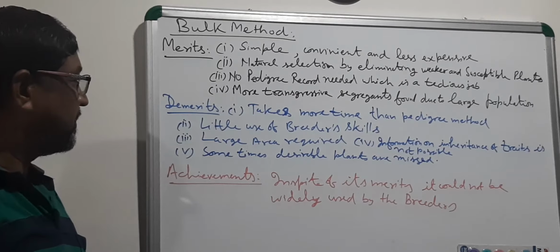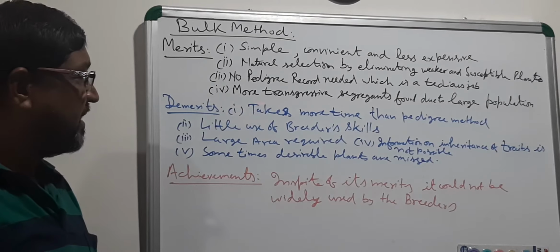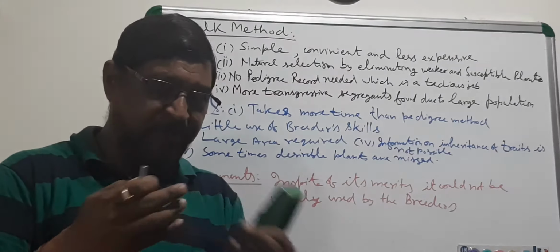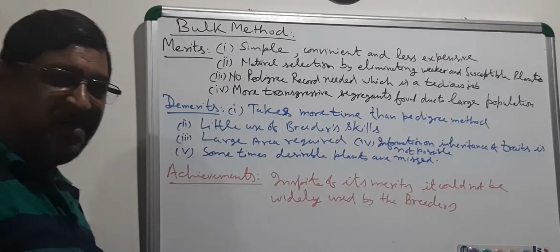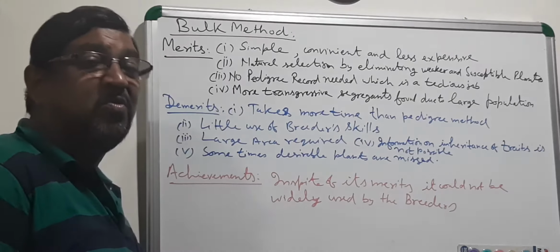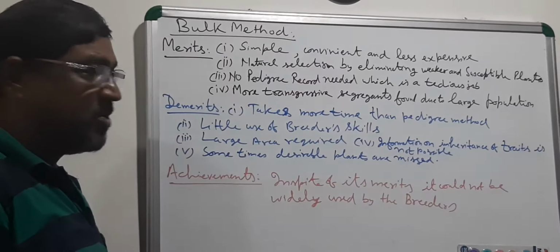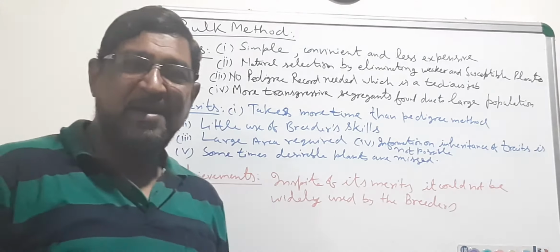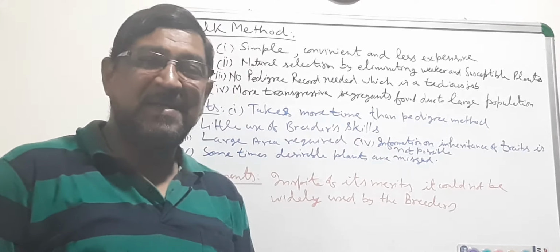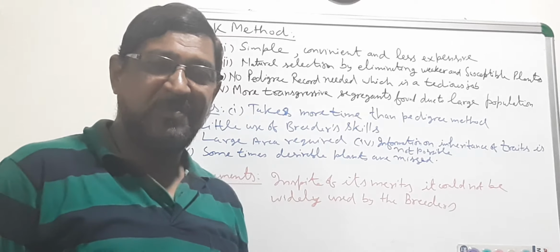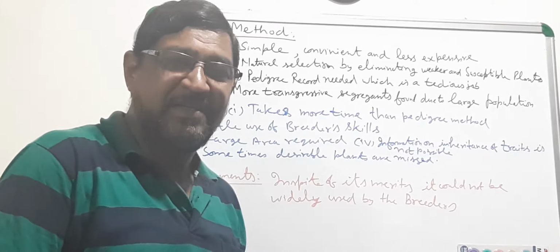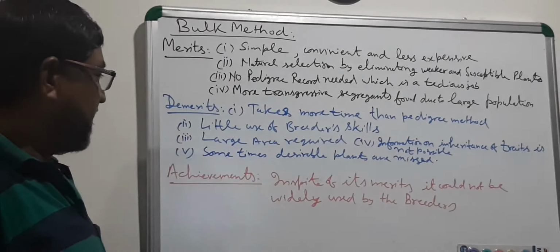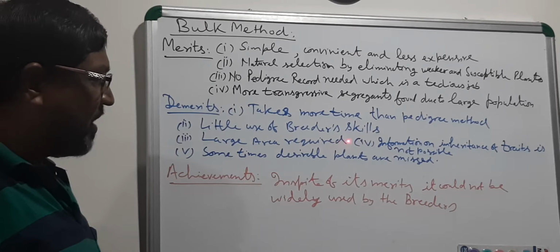But what happens? Then come to the demerits. It takes more time than the pedigree method. If you compare it with the pedigree method, here you require more generations. Little use of the breeder's skill. Here the breeder is not going to use his skill every year, every season for selecting the plants. Large area required.